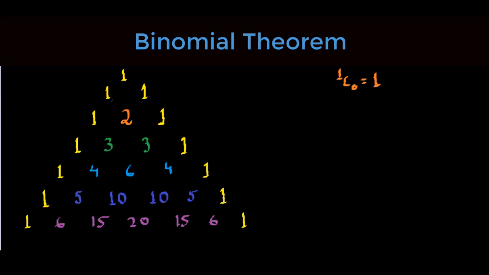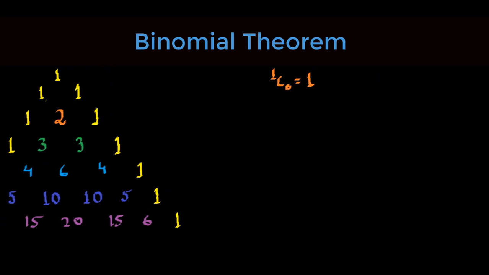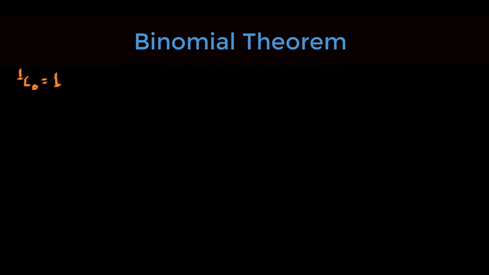Quickly, a quick recap, if you forgot how to calculate combinations: the formula is nCr equals n factorial over r factorial times (n minus r) factorial.